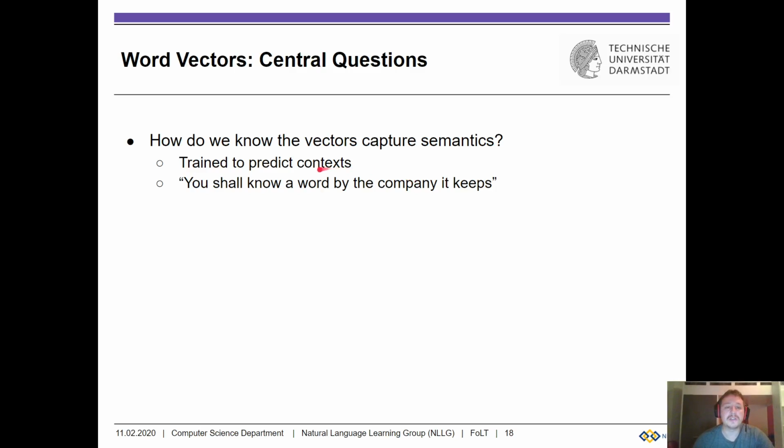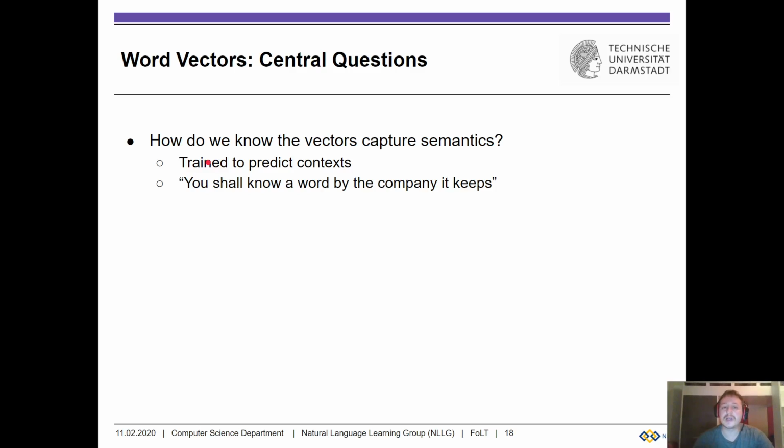And this training process is exactly realizing this principle, because it tries to predict the neighborhood from each of the word vectors. So if two words are intuitively similar, they also have the same neighborhoods, and therefore they will receive similar vector representations.